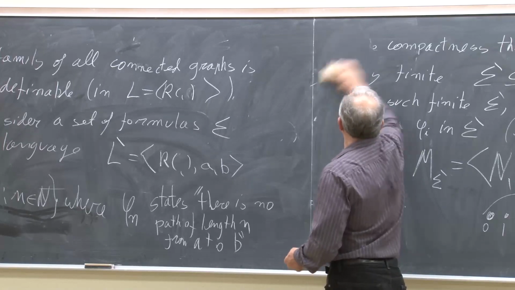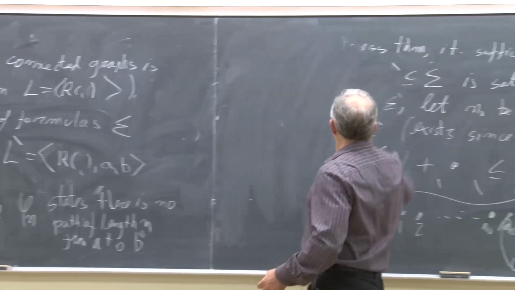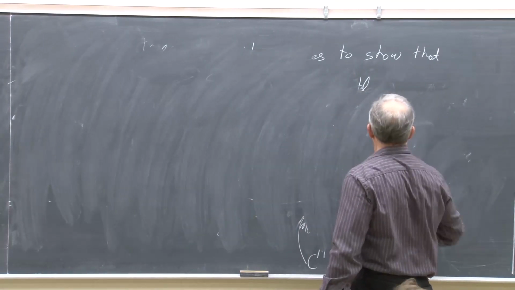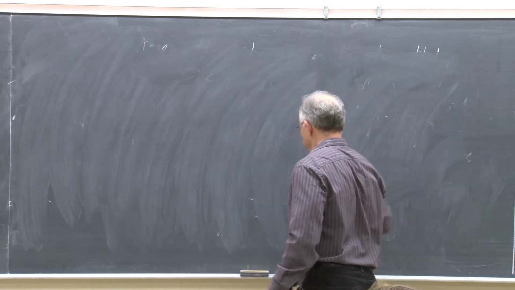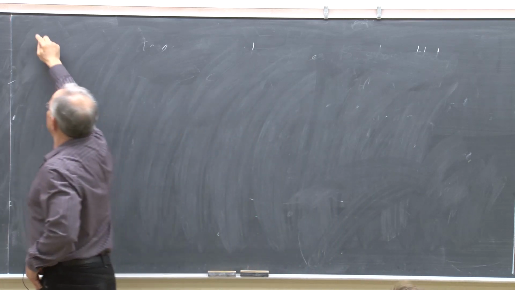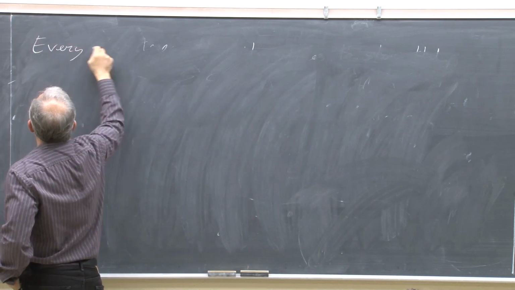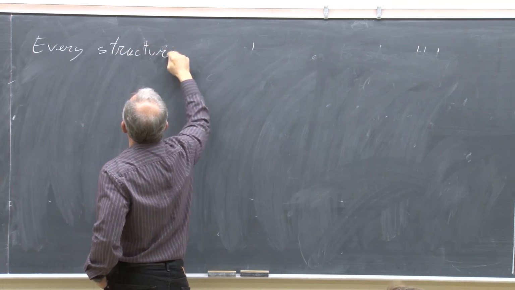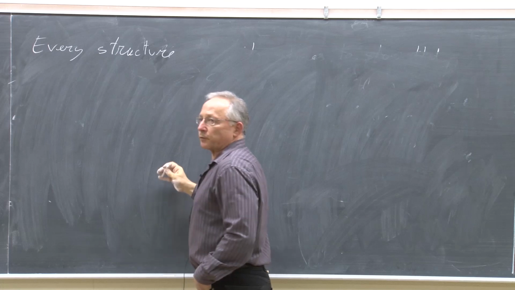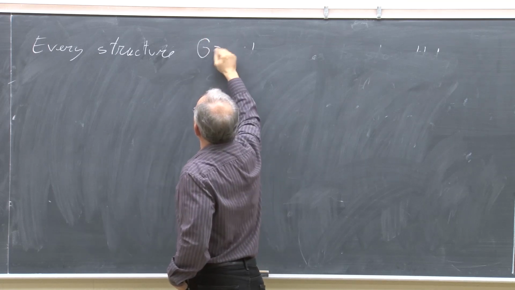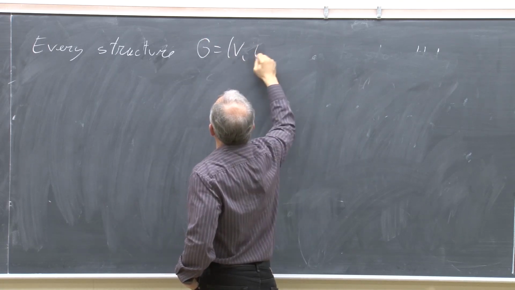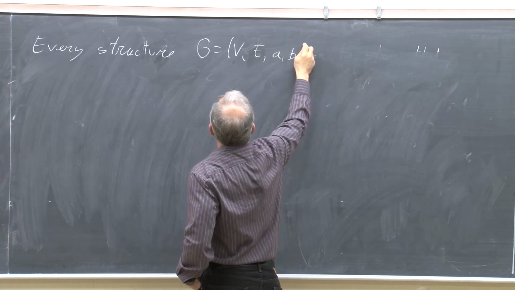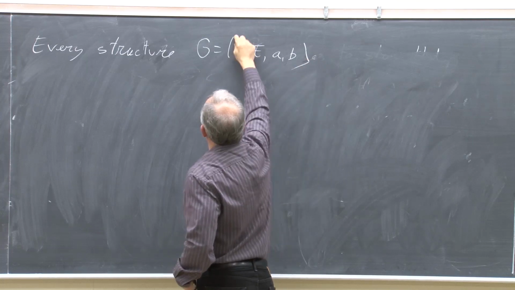But now, just note that every structure for sigma looks like a graph that has vertices and edges, but it also has an interpretation for A and B. That's a structure for sigma, right?